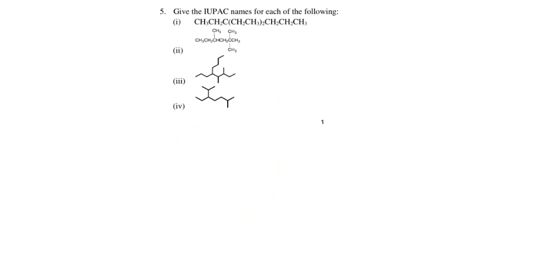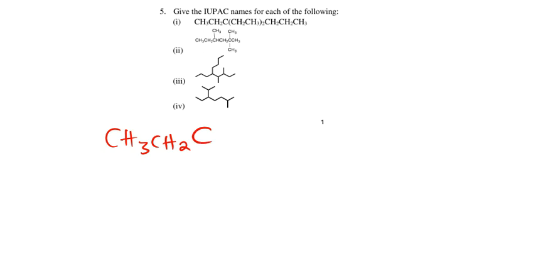Now, previously we were trying to draw the line structures. So if you've understood what we did in the previous questions, this shouldn't be a struggle. Question 5 would be easier. It's actually easier to name if you expand the structure. So let me just try to expand it for you. We have CH3 to start with, we have CH2, and then I've got a carbon.